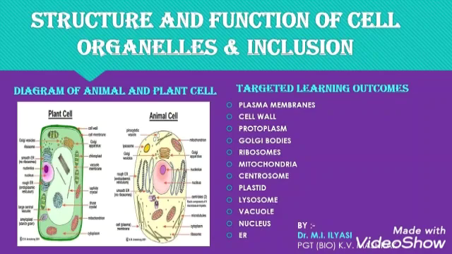In fact, the plasma membrane performs various special functions like diffusion and osmosis. Diffusion is the process of movement of substances from their high concentration to low concentration.